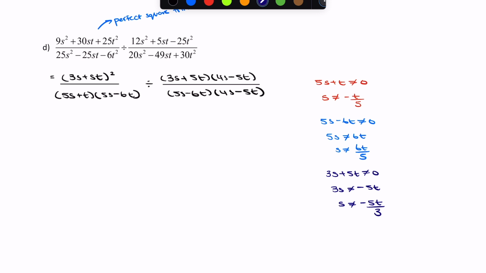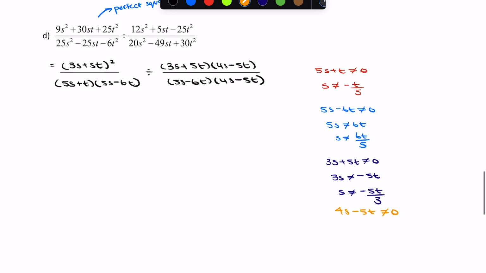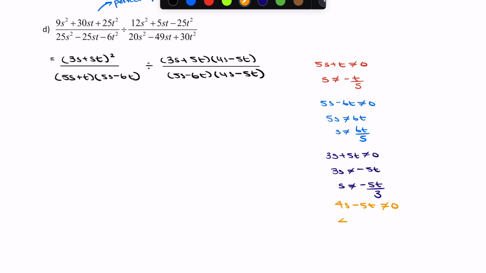And then here, the last one here, we have 4s minus 5t cannot be equal to 0. So here we have 4s cannot be equal to 5t, and s cannot be equal to 5t over 4.